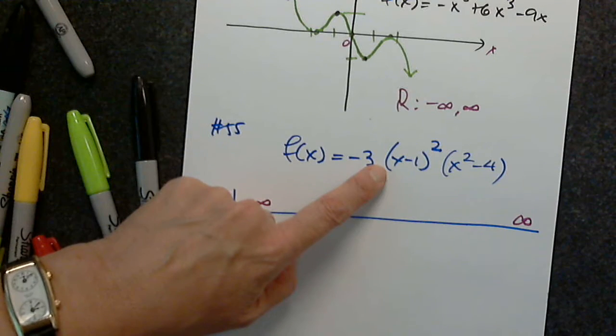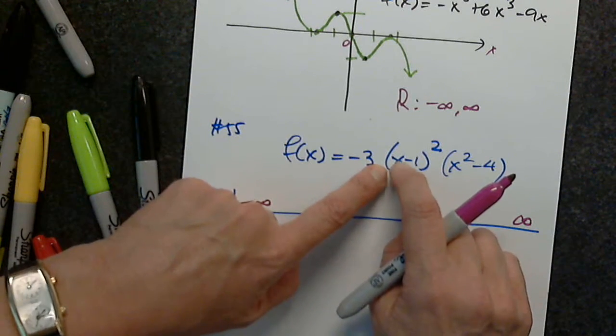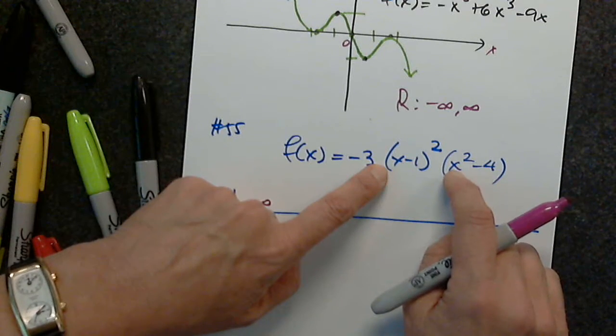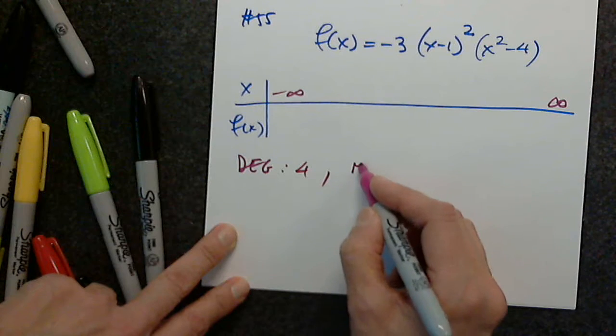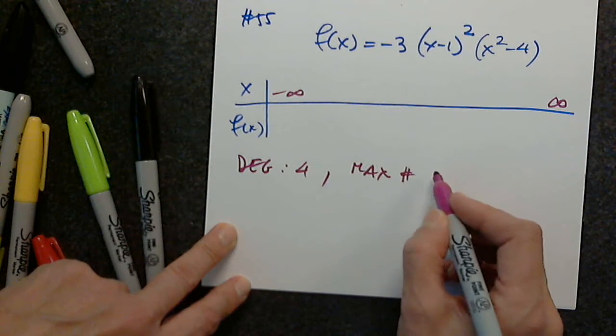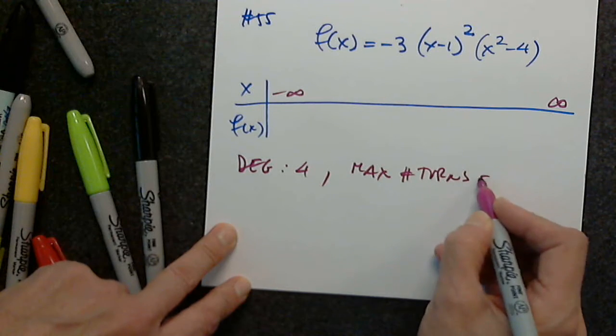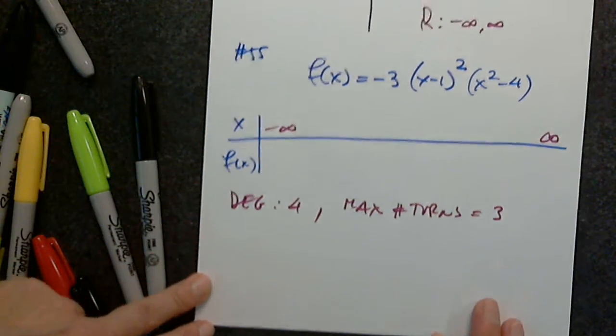And something else, but the most powerful term is x squared. So x squared multiplied by x squared will give us degree 4. What is the maximum possible number of turns? It doesn't have to happen. Very good. It cannot turn more than 3 times. It doesn't have to, but not more than 3. Very good.